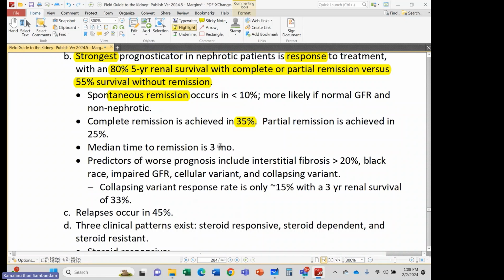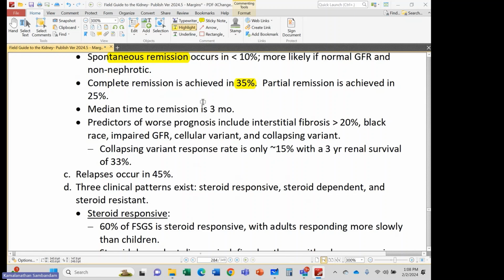Some of that has to do with the fact that we've probably had some cases of adaptive FSGS included in some of these estimations of remission rates. It takes longer to remit. So generally that informs treatment. We're generally committing to 3 to 4 months of high dose steroids. Remember, in minimal change disease, we're looking at about 8 weeks of treatment.